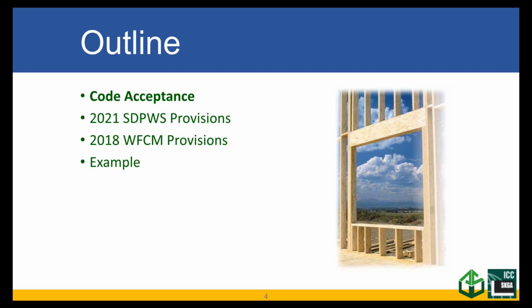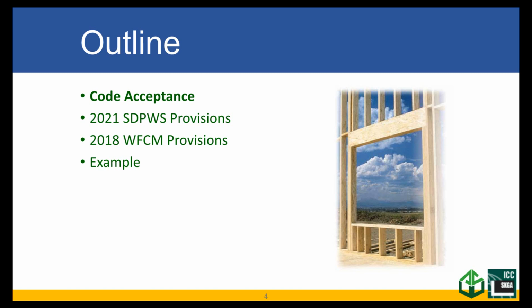And so our outline, we'll look at the code acceptance based on the codes and standards that I mentioned earlier. Look at some specific code provisions and enabling language for the standards. Then we'll dig into the 2021 Wind and Seismic Standard.